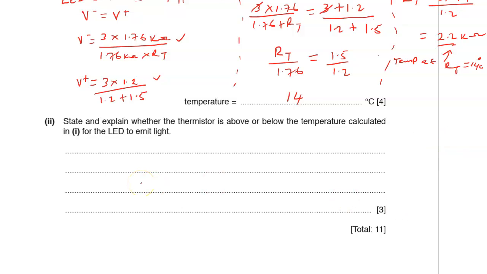Part 2, state and explain. 2 questions there. Whether the thermistor is above or below the temperature calculated in here, which is 14, for the LED to emit light. We know that the LED conducts when V out is negative.